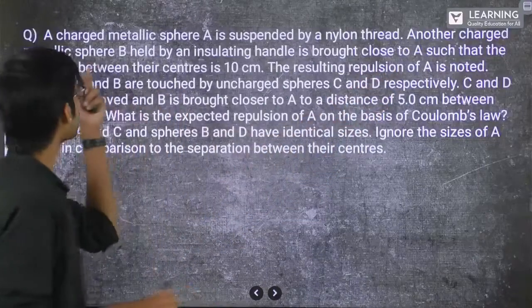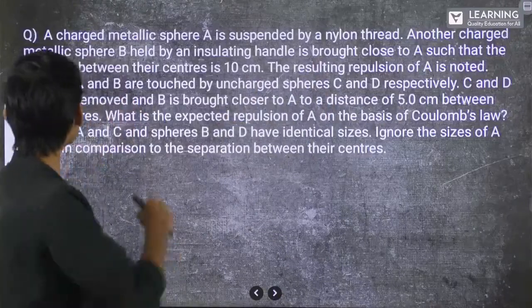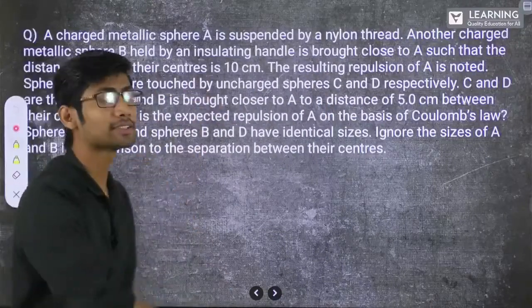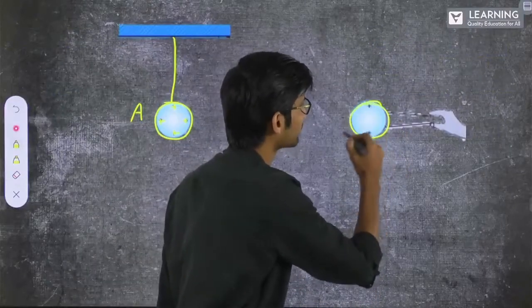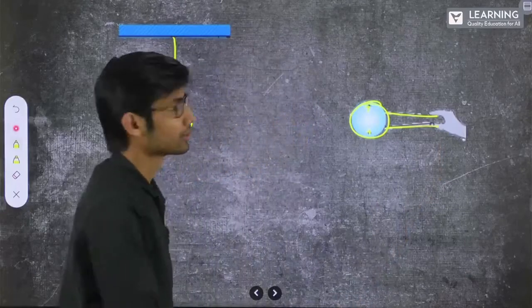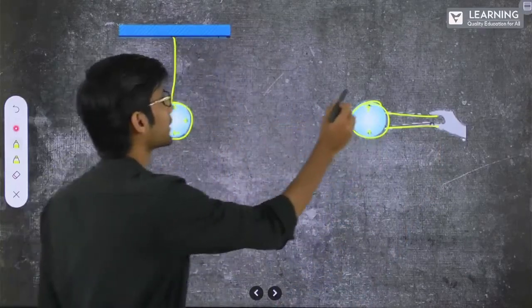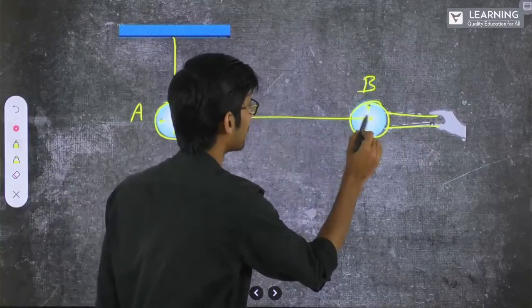Another charged metallic sphere B, held by an insulating handle, is brought close to A, such that the distance between their centers is 10 centimeters.